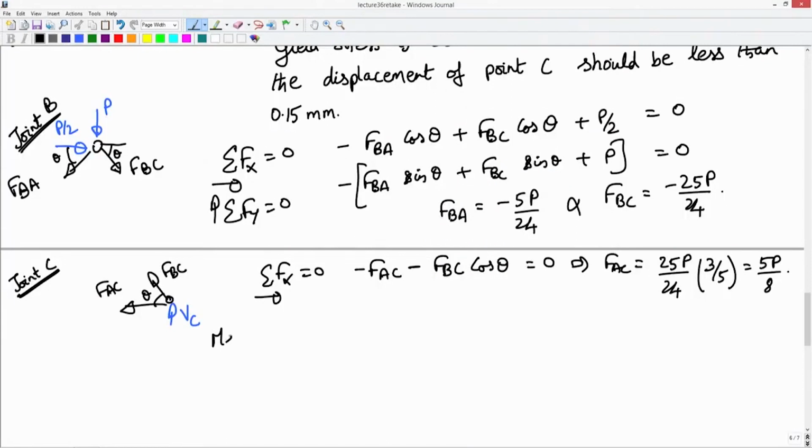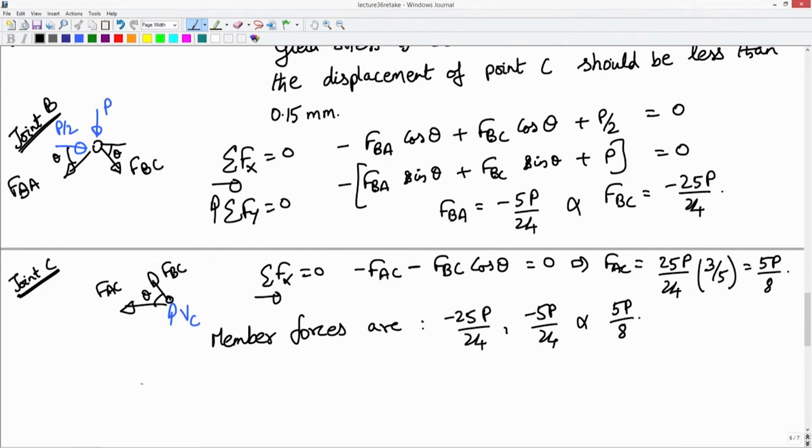So, what are the member forces? Member forces are minus 25 P by 24, minus 5 P by 24 and 5 P by 8.